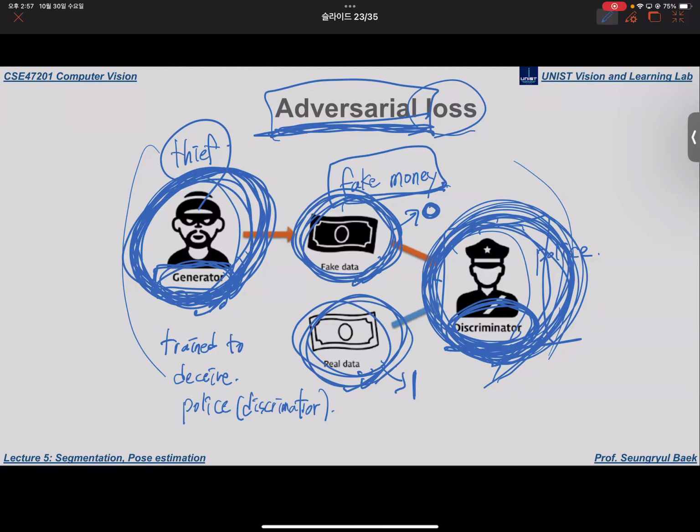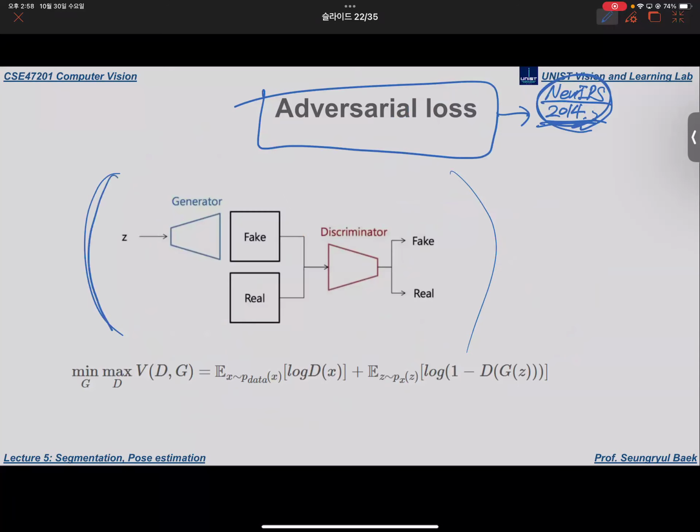If the thief develops some new idea to deceive the policeman, then the policeman becomes aware of that, and their ability also advances. Then the thief advances further. So when competing with each other, they become more powerful.